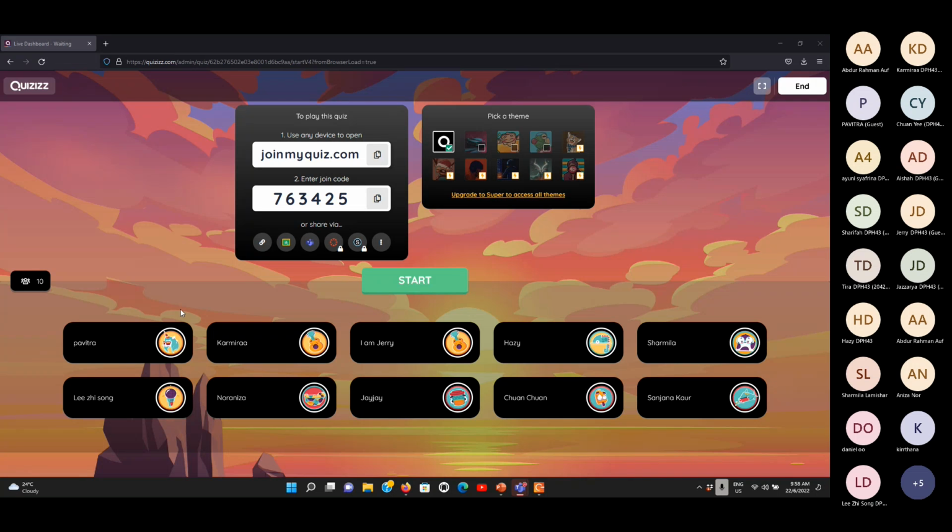Okay, kita mula dulu dengan 10 orang ni. Dan selebihnya boleh join afterwards.